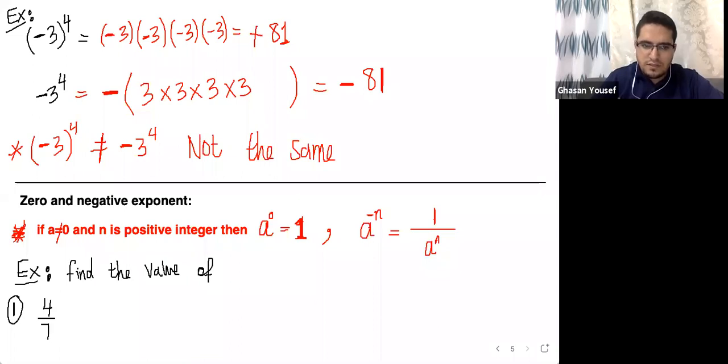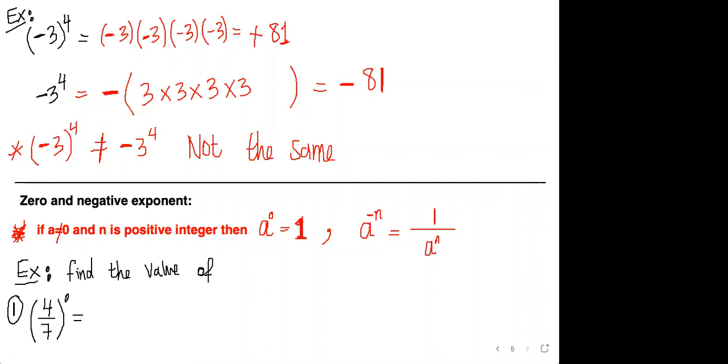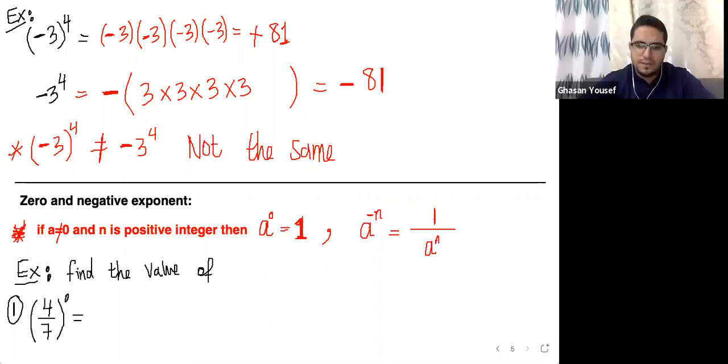So here's 4/7 to the power 0. What is the answer here? 1. Exactly. Look at the rules here: any real number, any fraction, because a fraction is a real number.